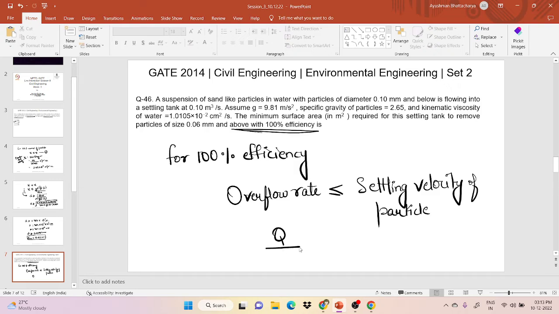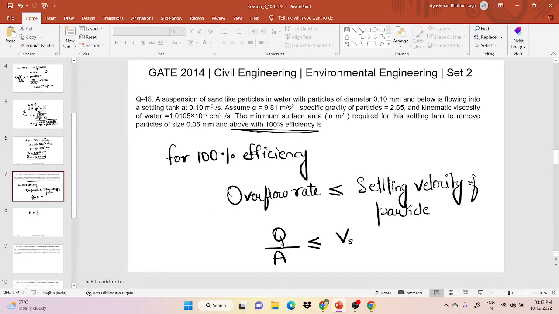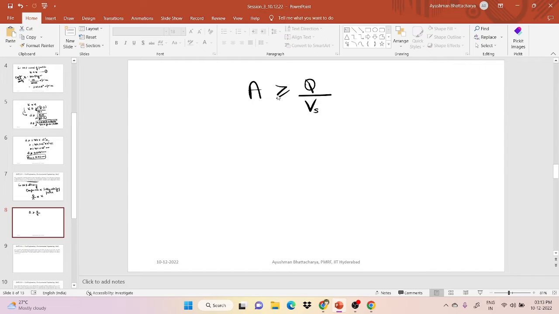Overflow rate we write in terms of Q by A, which should be less than or equal to the settling velocity. Now they are asking for the minimum surface area. To get it, we can write A as Q by Vs. So this is what I rearranged: A I kept here and Vs came to the denominator. So A should be greater than or equal to Q by Vs.